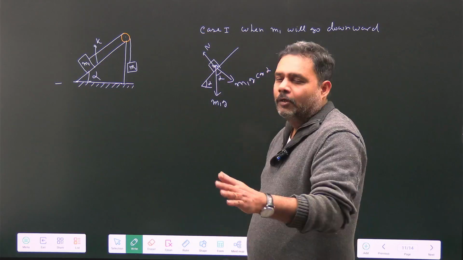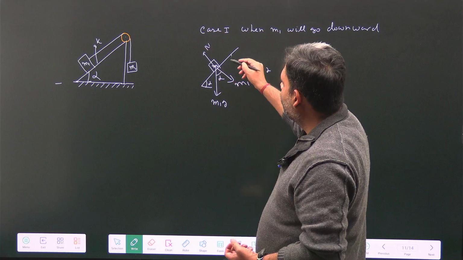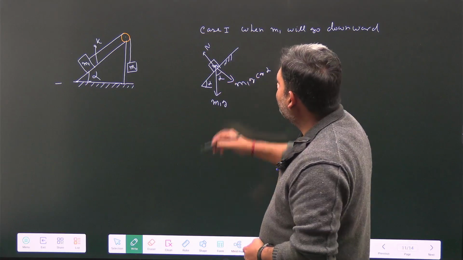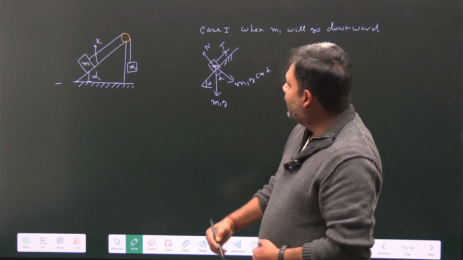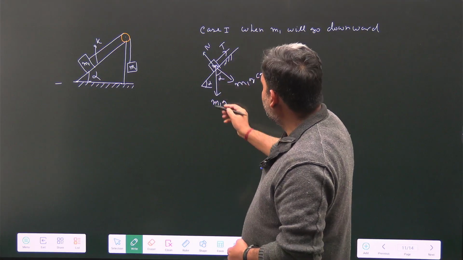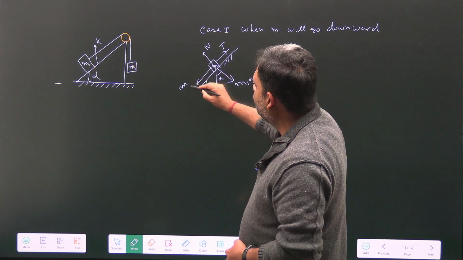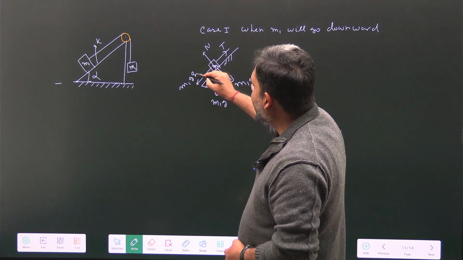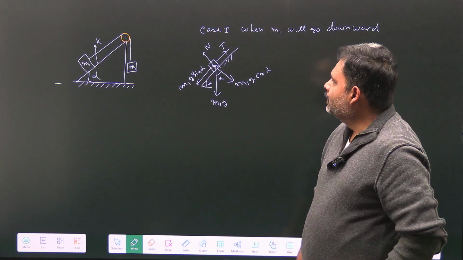So there is some normal force against the force which is pulling on this particular surface. And tension will go in this direction. This is tension. And the other component of m1g will come in this direction. That value is m1g sin alpha. Okay, so this is all about m1g sin alpha.